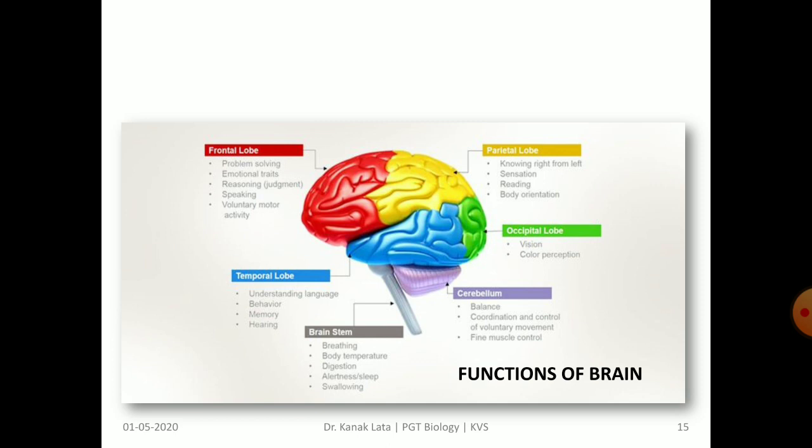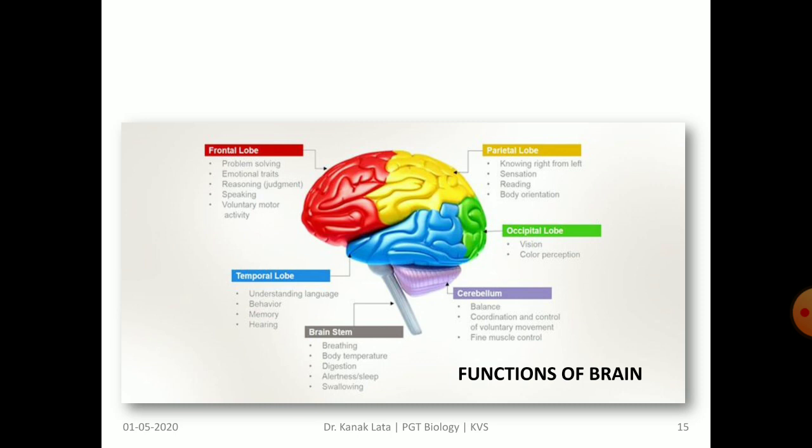Frontal lobe helps in problem solving, emotional tract, reasoning, judgment, speaking and voluntary motor activity. Temporal lobe helps in understanding languages, behavior and hearing.